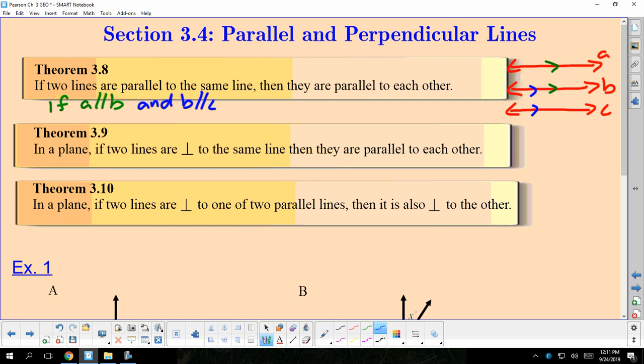Then what do we know? A must be parallel to C.